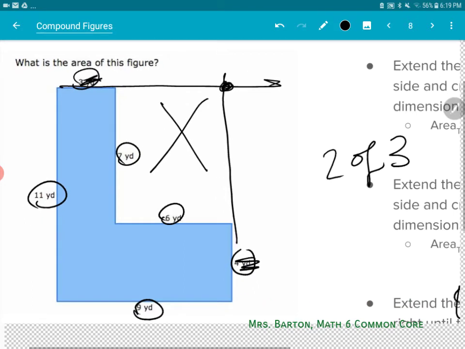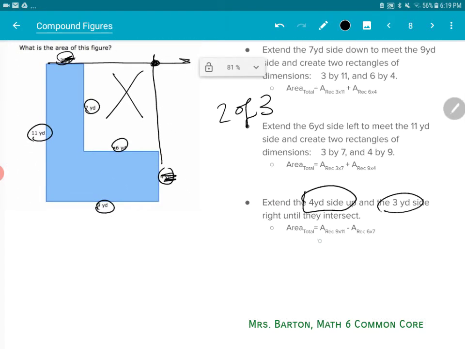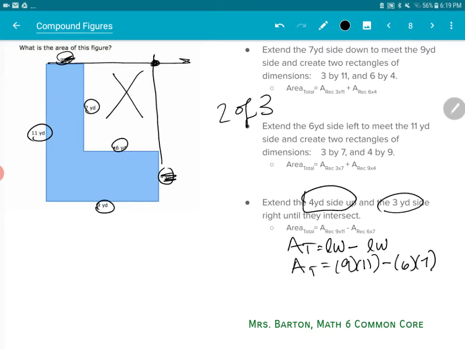So my area of the blue space then is going to be the 9 by 11 minus the 6 by 7. Area total equals 9 times 11 minus 6 times 7, which is 99 minus 42 is 57 square yards.